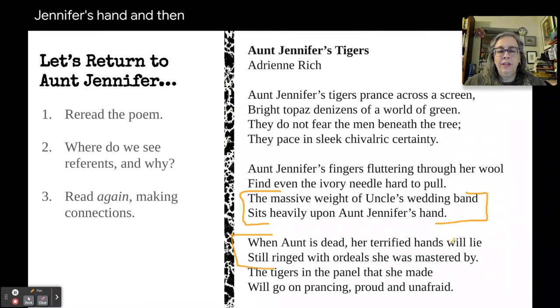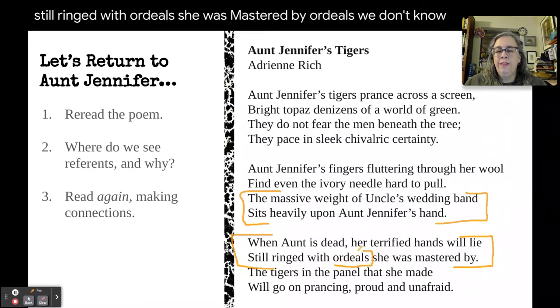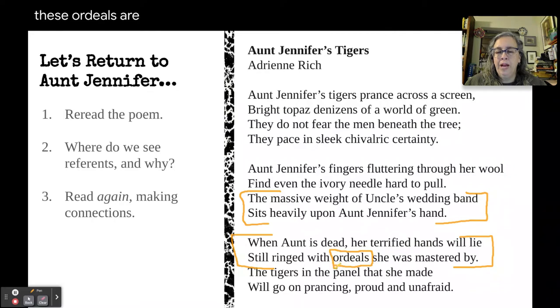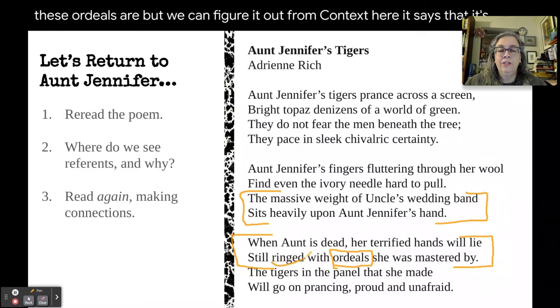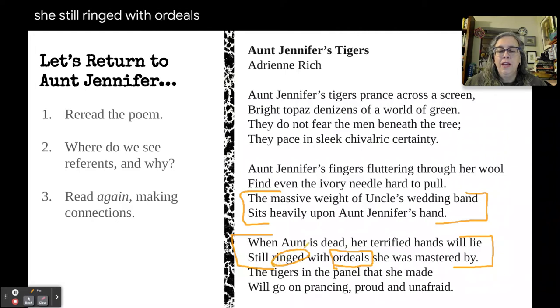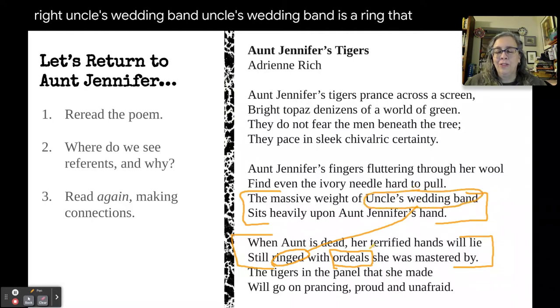And then down here, when Aunt is dead, her terrified hands will lie still ringed with ordeals she was mastered by. Ordeals, we don't know what these ordeals are, but we can figure it out from context here. It says that she's still ringed with ordeals, and we know that her hands have a ring on them, right? Uncle's wedding band. Uncle's wedding band is a ring that's on her finger.